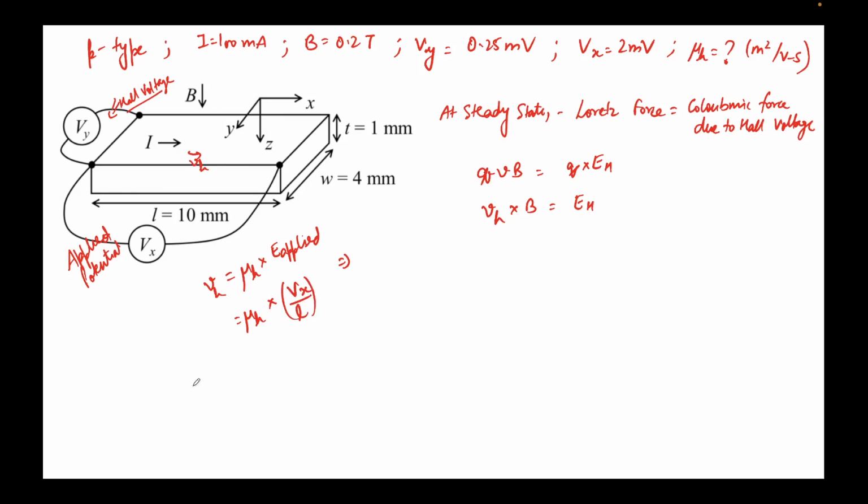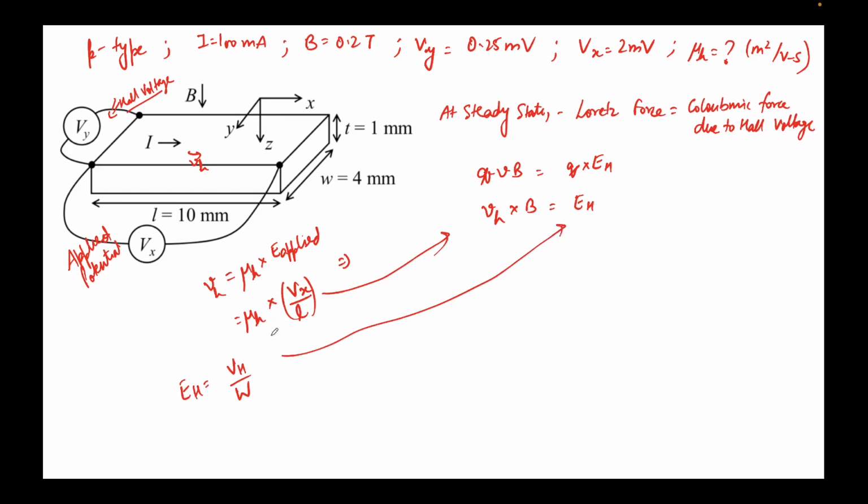And similarly, I can write EH is nothing but VH divided by W, since the Hall potential is generated across the front and back, and W is the width of the semiconductor slab. So I'll replace VH and EH.